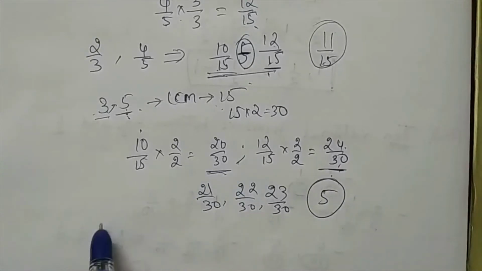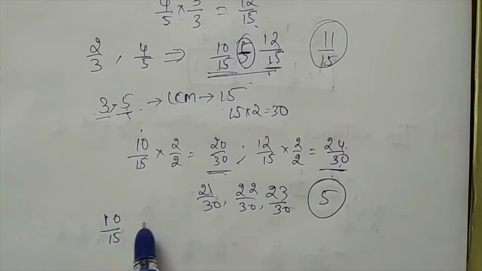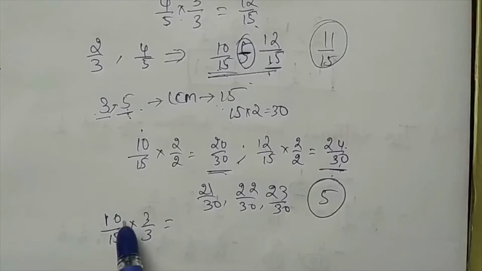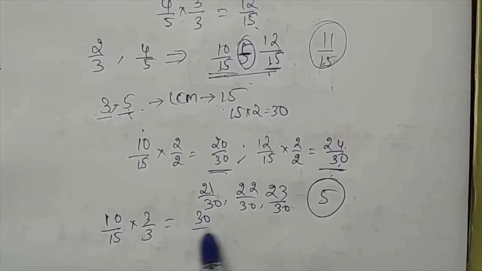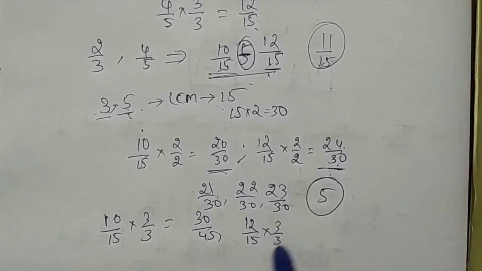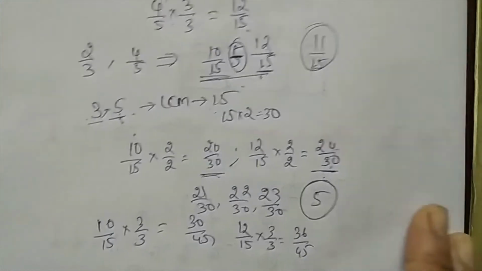So now multiply our 10 by 15 and 12 by 15 with 3 by 3. 10 by 15 into 3 by 3 is 30 by 45, and 12 by 15 into 3 by 3 is equal to 36 by 45. Right?